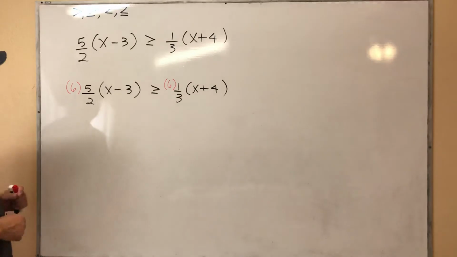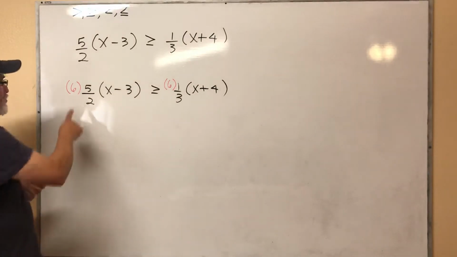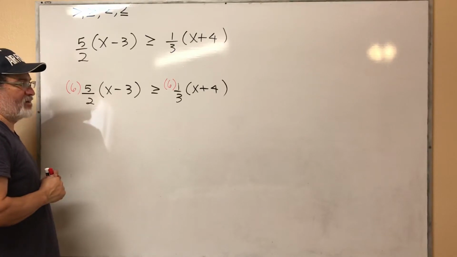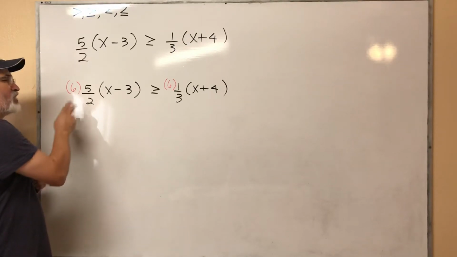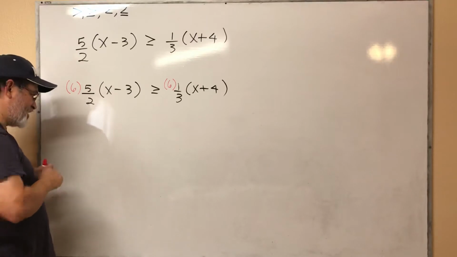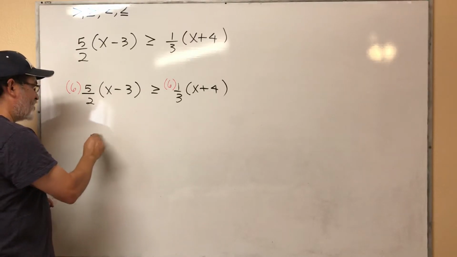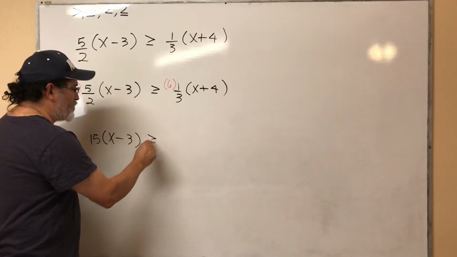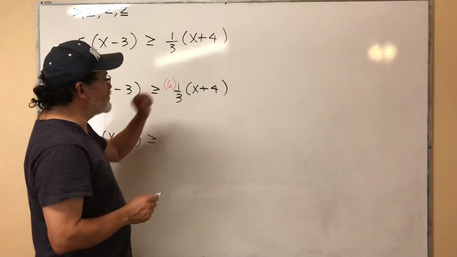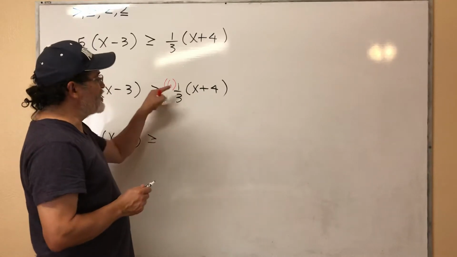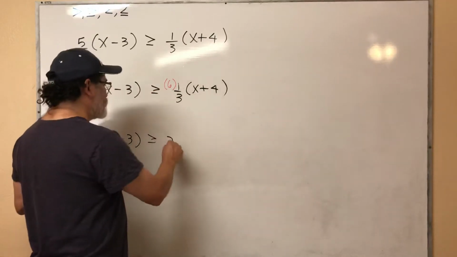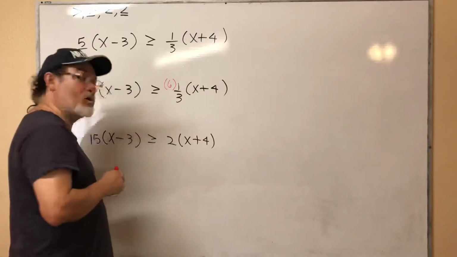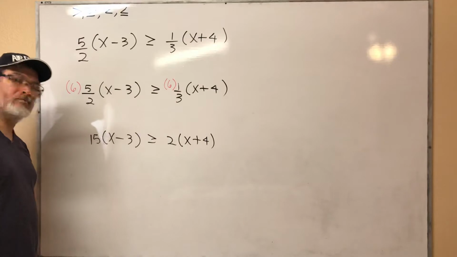So 6 times 5 is 30, and 30 divided by 2 is 15. 15 times x minus 3 greater than or equal to 6 times 1 is 6, and 6 divided by 3 is what? 2 times x plus 4. There you go.